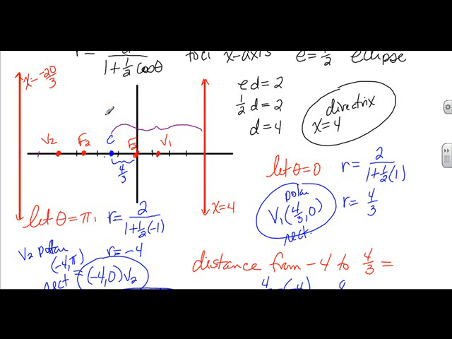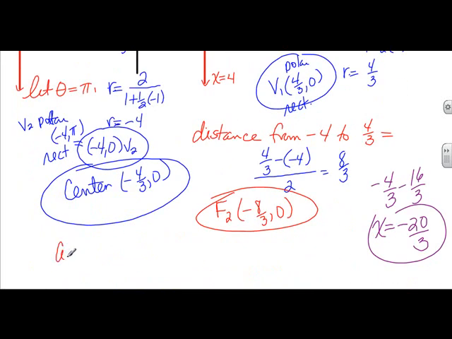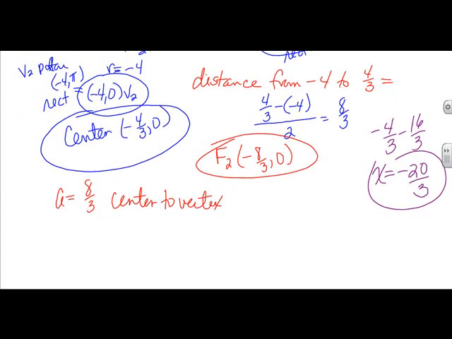We have the value of A. A is the distance from the center to the vertex, and that's 8/3 of a unit. C is the distance from the center to the focus, and that's 4/3 of a unit. Center to focus. And we have an ellipse, so B squared is equal to A squared plus C squared.